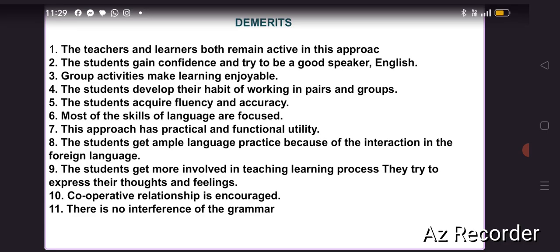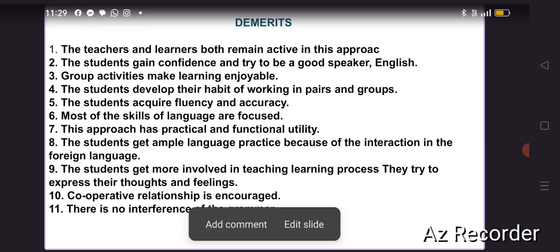Next, the students acquire fluency and accuracy. Fluency means what? Without taking any pause.